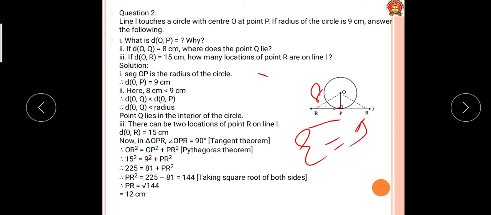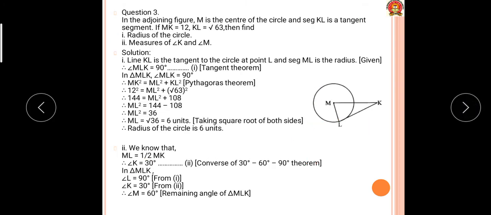So your PR is equal to 12 centimeter. So this side or this side, it may be that point, and therefore R may be on both sides.